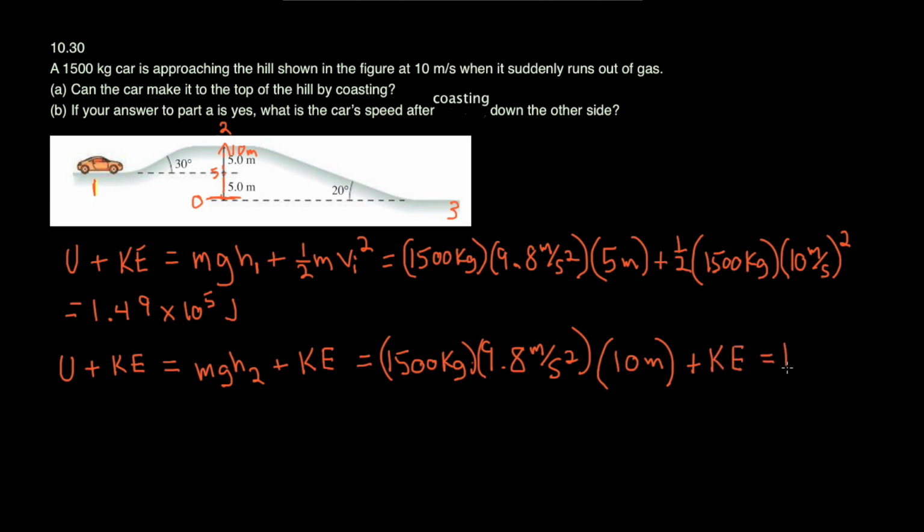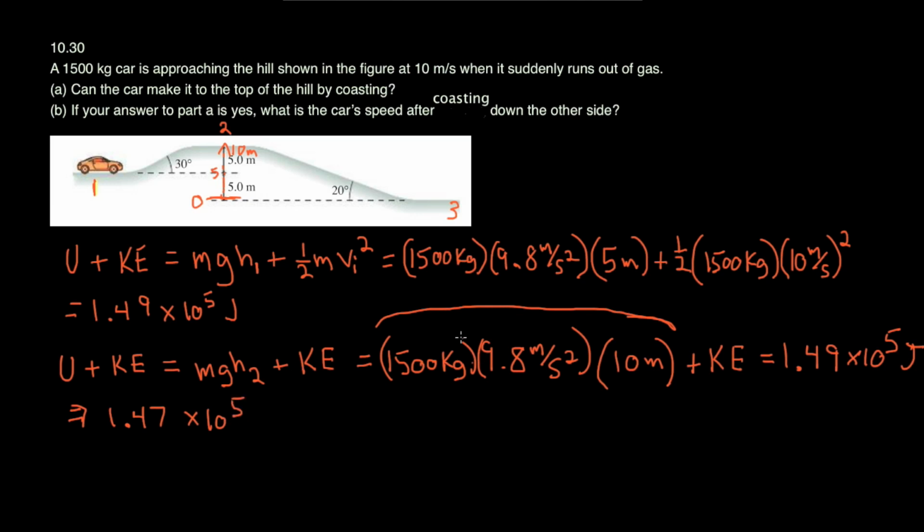And this has to be equal to 1.49 times 10 to the fifth joules. So if we crank this out, 1,500 kilograms times 9.8 times 10 meters, just this part, not the kinetic energy, we get 1.47 times 10 to the fifth.